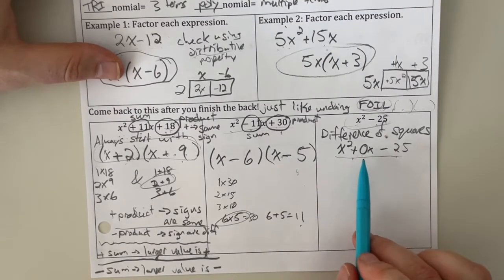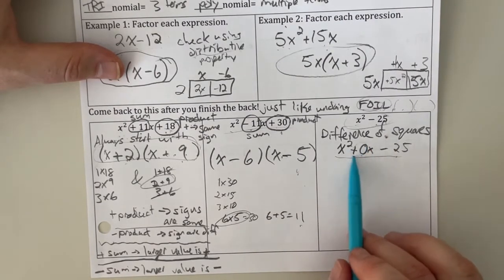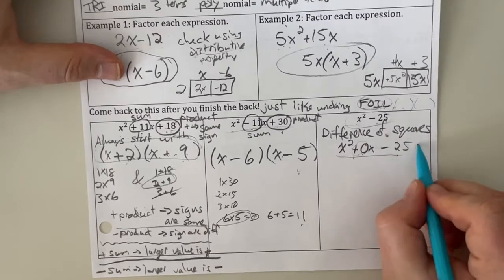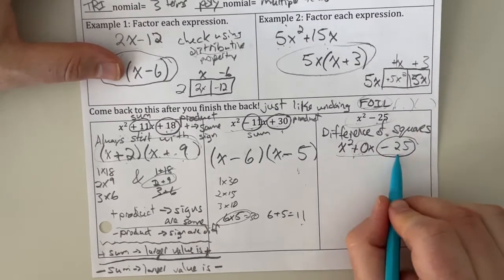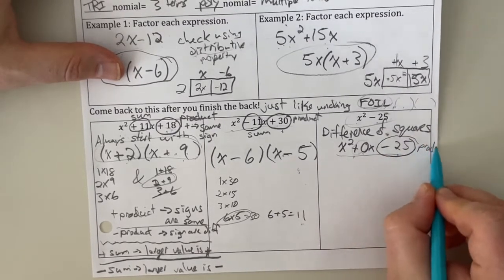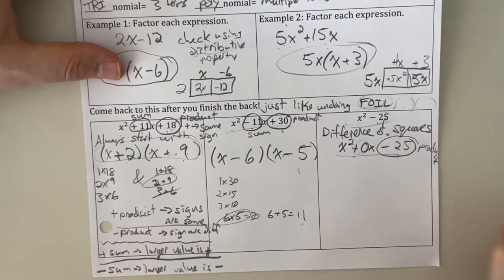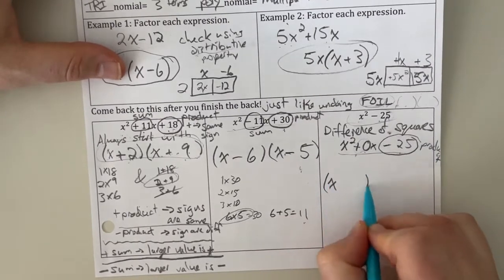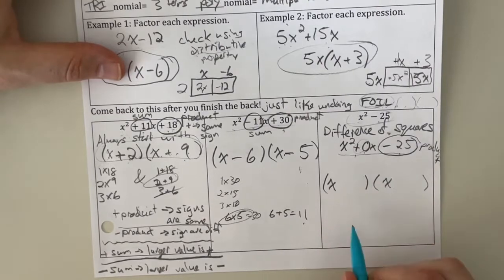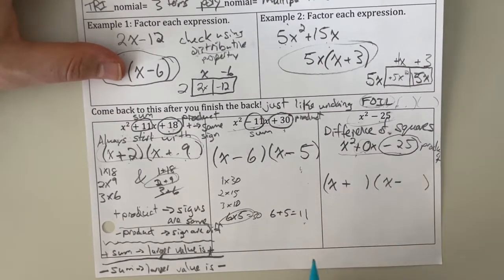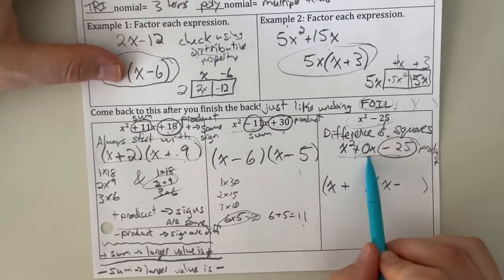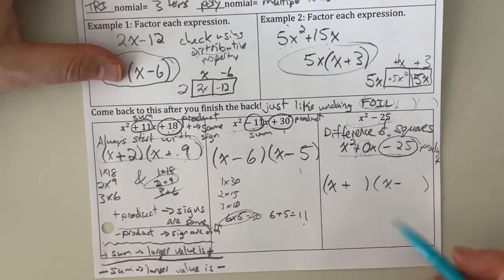So this tells me a couple of ideas. The product is negative, so that means different signs. So I have my foundation. Product tells me different signs, plus, minus. And since my sum is 0, that means they have to be the same number.